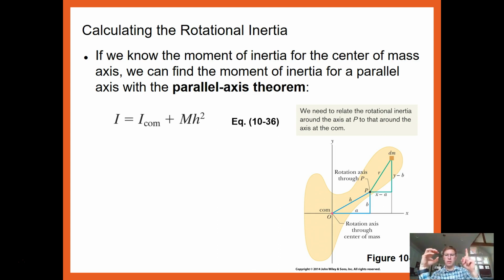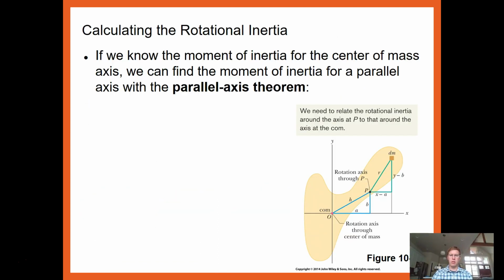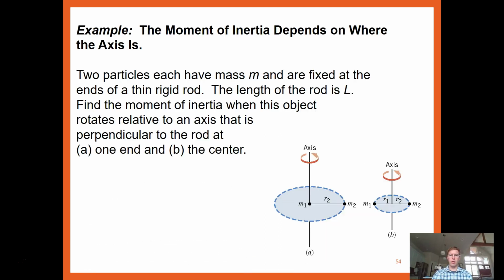So h would be the distance between those two. That's the parallel axis theorem. I center of mass, which is usually going to be one of these equations, plus mh squared, where h is the distance between the axis through the center of mass and some new axis some distance away.